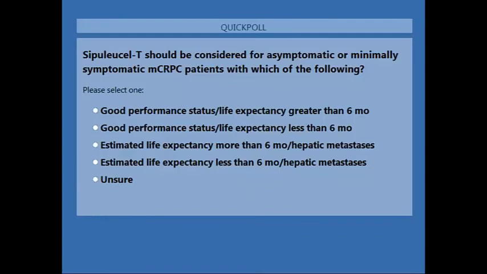And number 5: sipuleucel-T should be considered in asymptomatic or minimally symptomatic patients with which of the following characteristics?